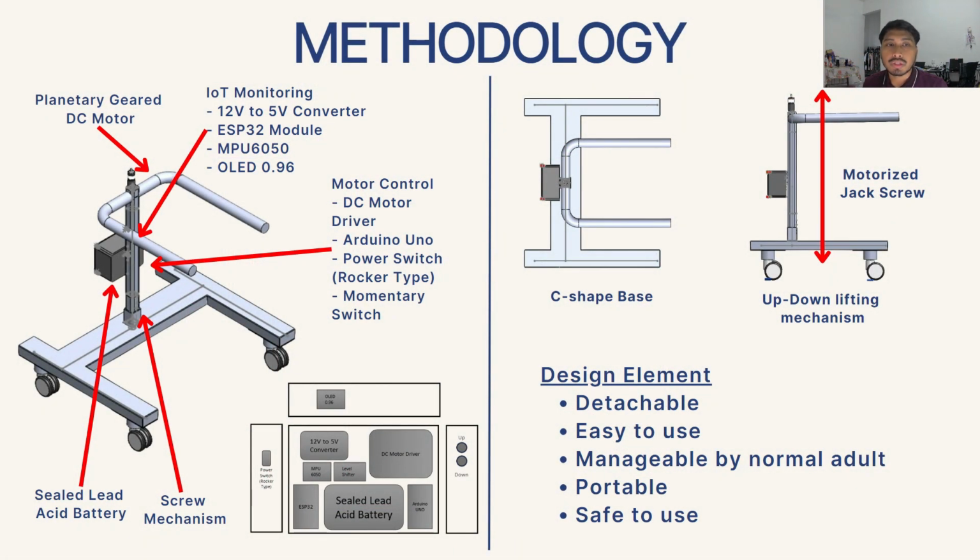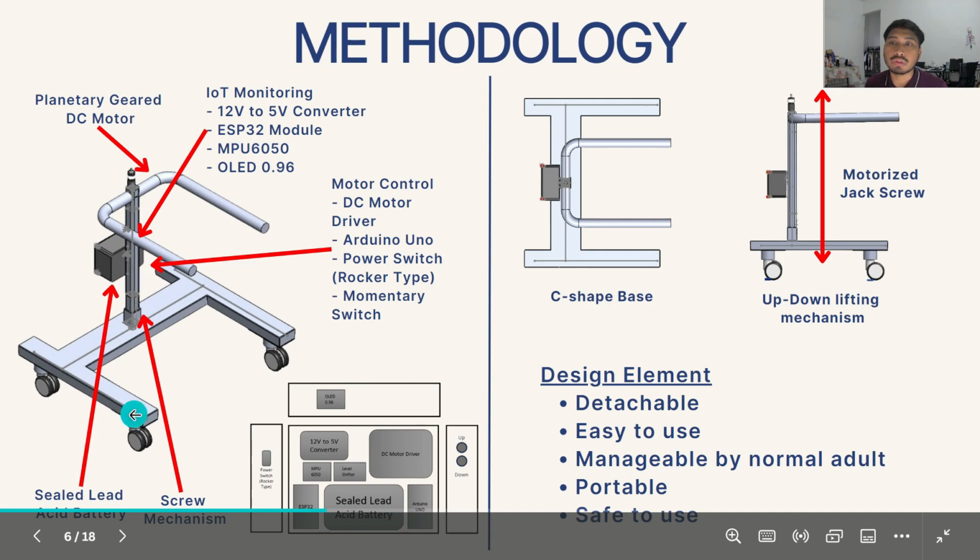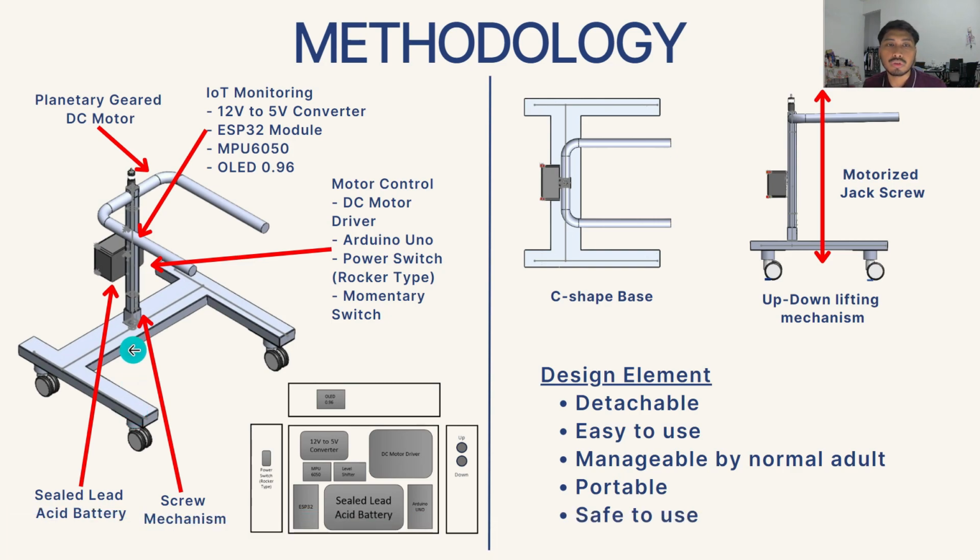Next, I decided to install several components into the transfer mechanism, which are a planetary geared DC motor, a screw mechanism, and a sealed lead acid battery as our source. Then we notice that there are two sections that I installed, which are IoT monitoring and motor control.